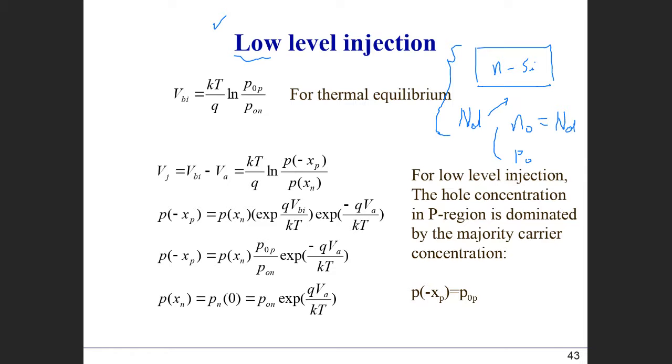The number of holes, the minority carrier concentration, we calculate from ni squared divided by Nd. Now these two, the majority carrier and the minority carrier concentrations, are at thermal equilibrium.